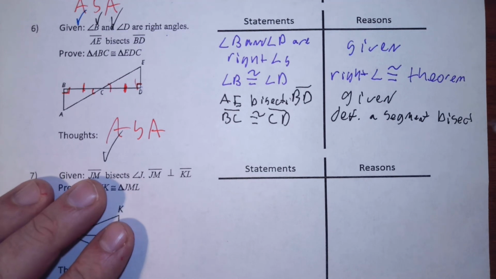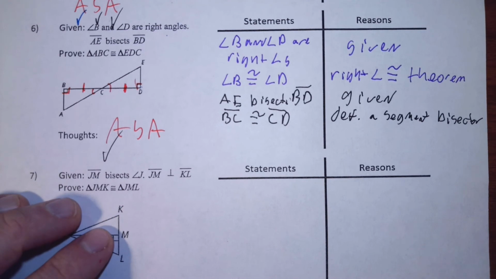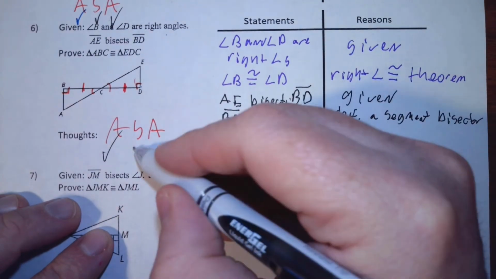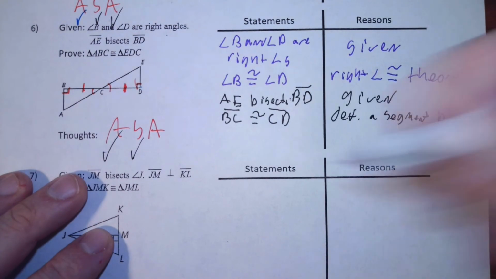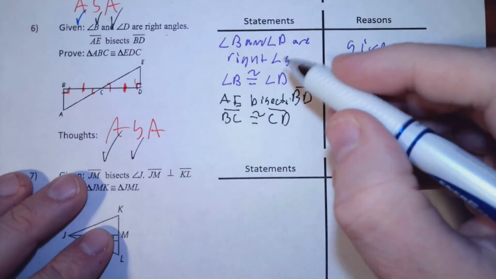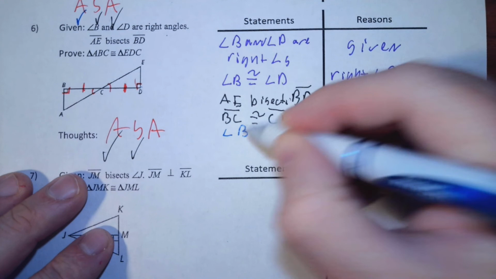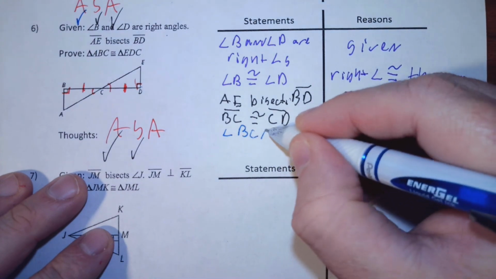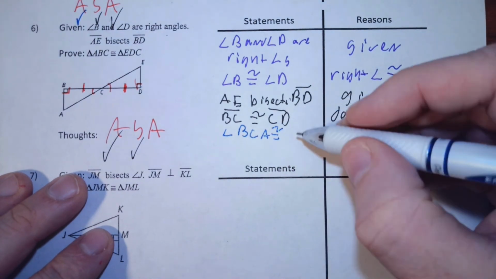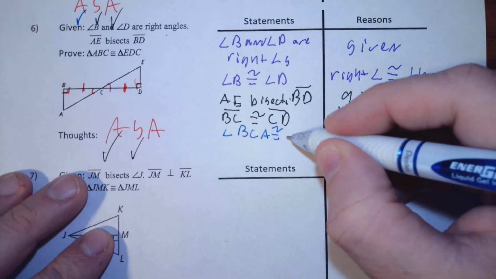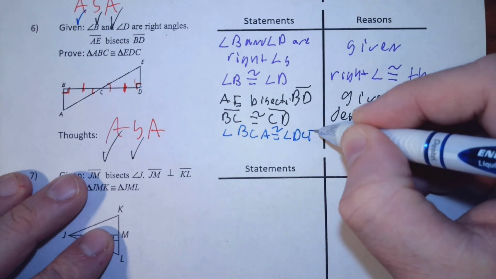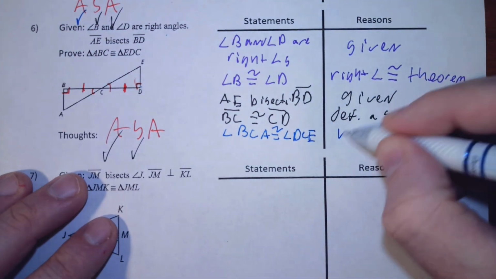Okay. So that gives me a side. And now we can do angle BCA is congruent to angle DCE. And that is vertical angle theorem.